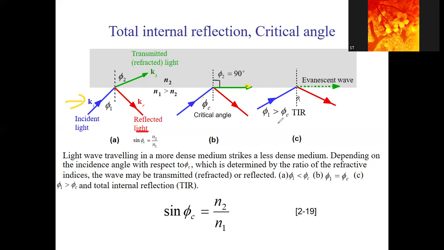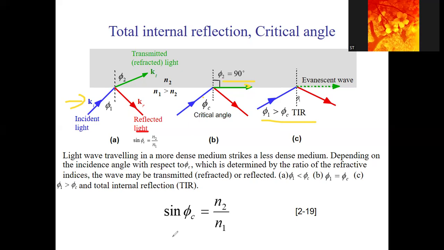In the third case, when the angle of incidence is greater than the critical angle, the light is reflected back into the first medium only. This is total internal reflection. Total internal reflection occurs when the angle of incidence is greater than the critical angle. When it is equal to the critical angle, phi 2 will be 90 degrees. So for total internal reflection, this condition must be achieved: phi 1 must be greater than phi c.